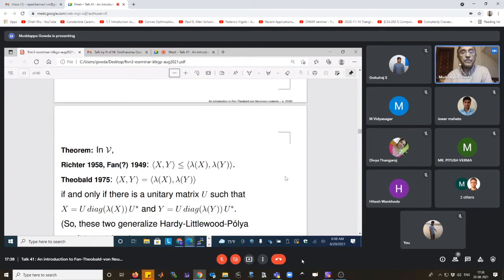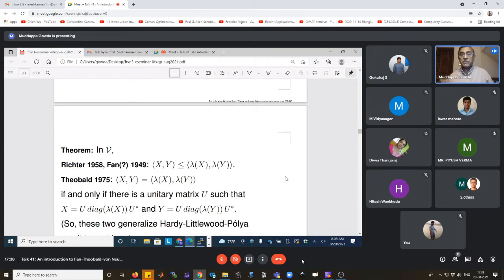Now, this inequality was proved by Richter in 1958. There is a reference due to Tin Yau Tam, and he refers to this inequality by quoting a paper of Fan that he wrote in 1949. And I could not justify this out of this result of Fan.